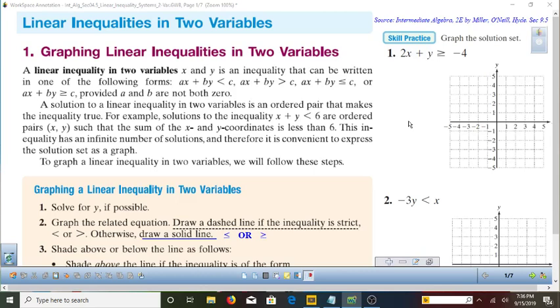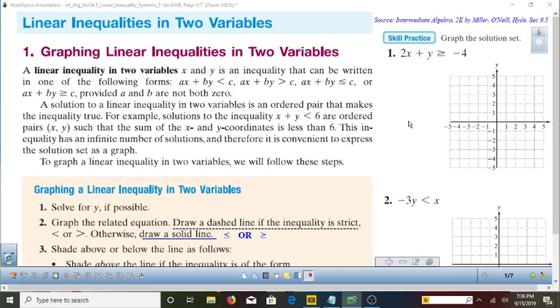In a linear inequality, you must have a variable to work with, so you have an x or a y or both. We're talking about linear inequalities, so not radicals or squares of variables. We're talking about straight lines in the xy plane, not planes.